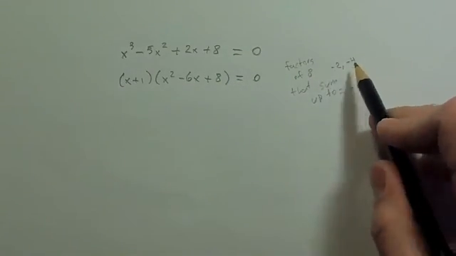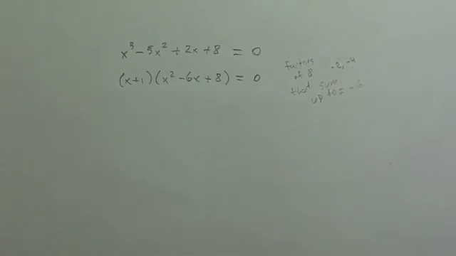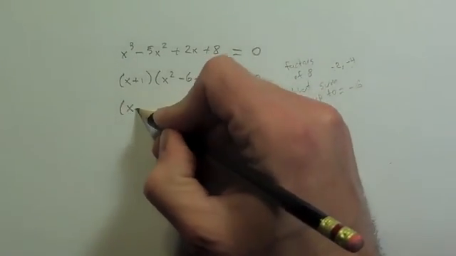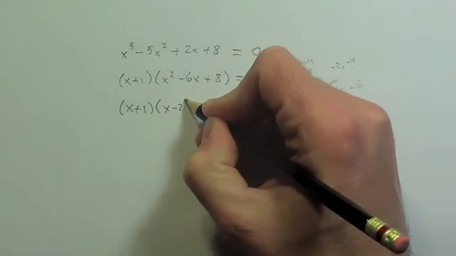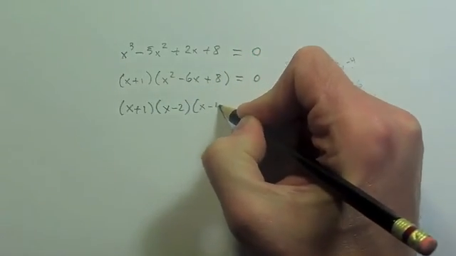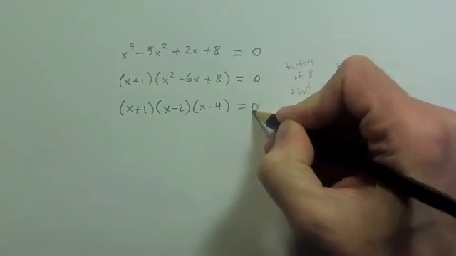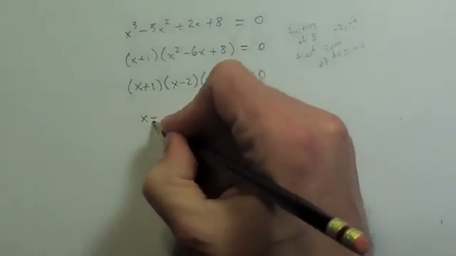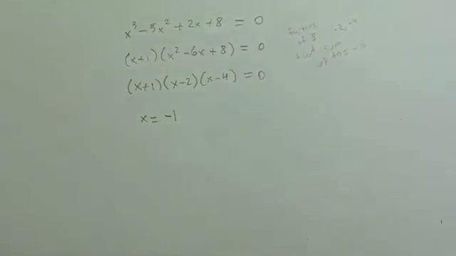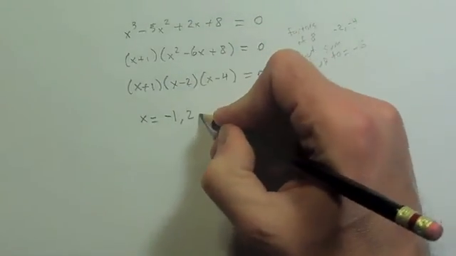So negative 2 times negative 4 is 8, negative 2 minus 4 is negative 6. So now we get x plus 1 times x minus 2 times x minus 4. And there we go. That tells me that x is equal to negative 1, which we already knew, 2, or 4.